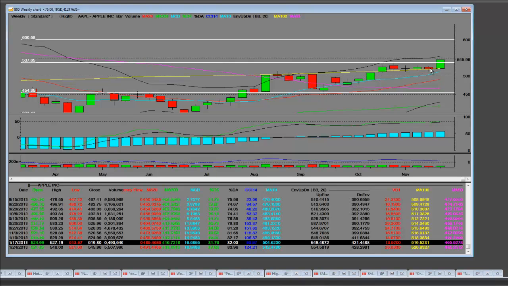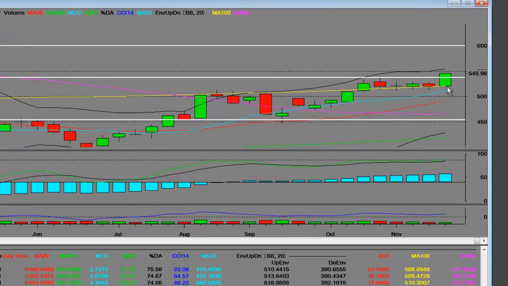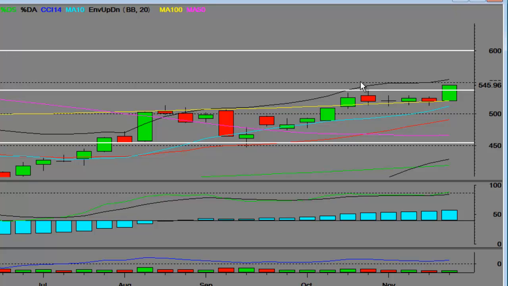Then we moved to 519, and as we were putting in the weekly consolidation, we were telling all our MMTs that we were going to get a breakout, and we have taken out the last tops in the weekly consolidation, and now the 100-week moving average and the 10-week, the 10-week is going to be 512. That is rising.